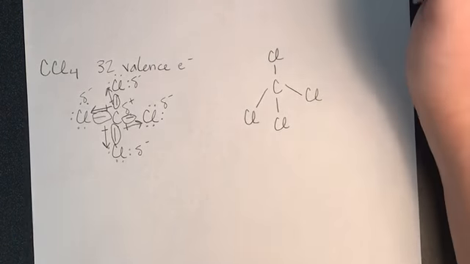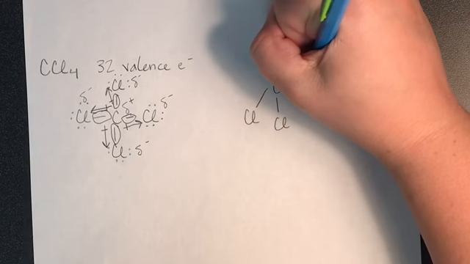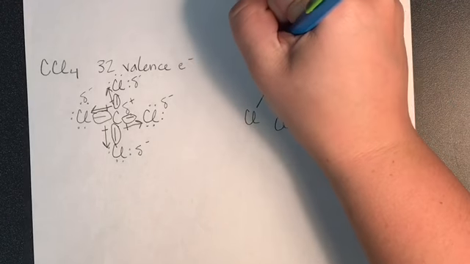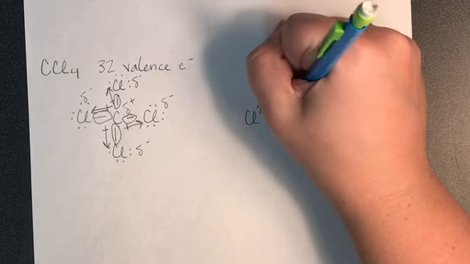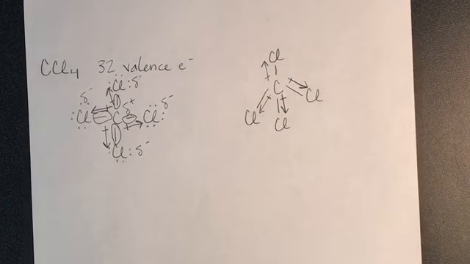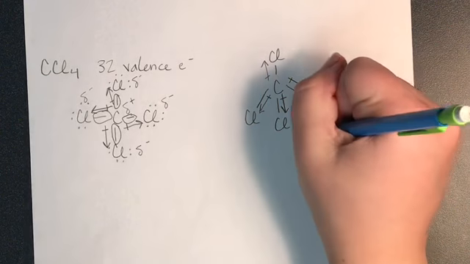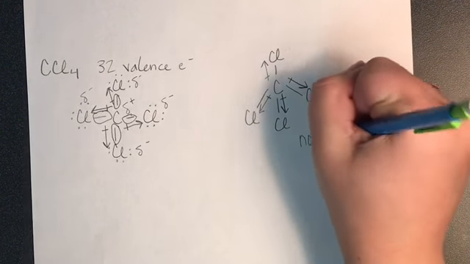From here, we will draw the new bond dipoles, which will look like this. Because all 4 of the domains are the same, the bond dipoles will cancel out and there will be no net dipole, which means that this molecule is nonpolar.